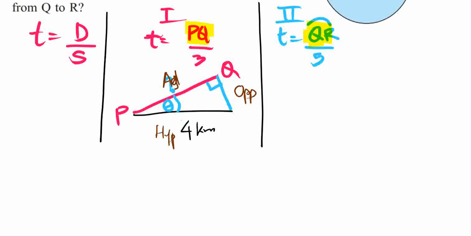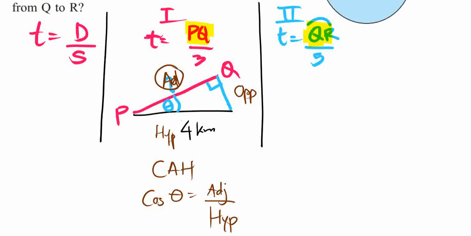Now we have SOHCAHTOA. Since we want to find the adjacent, we have to use CAH. CAH will be cosine theta equals adjacent over hypotenuse.